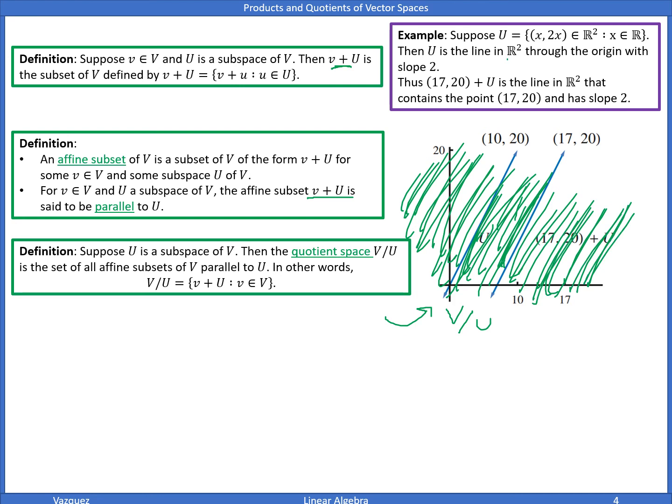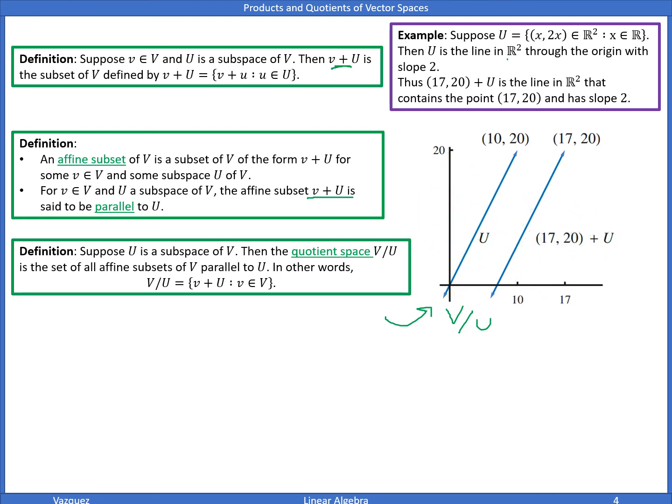All those lines make the quotient space. So that's what quotient spaces are.